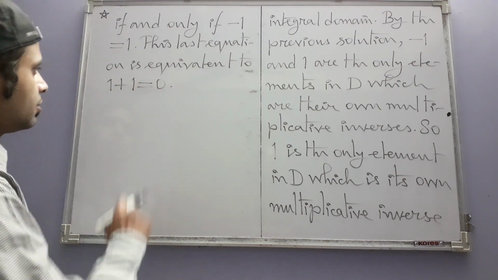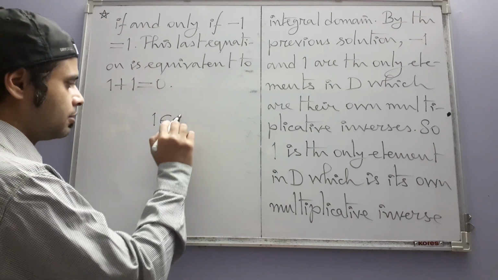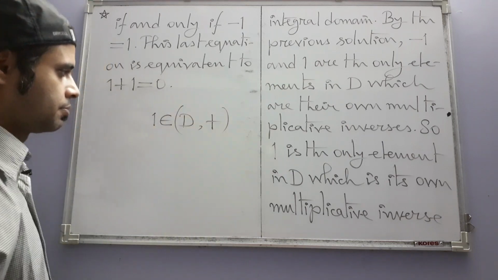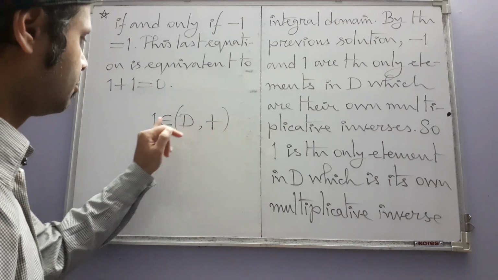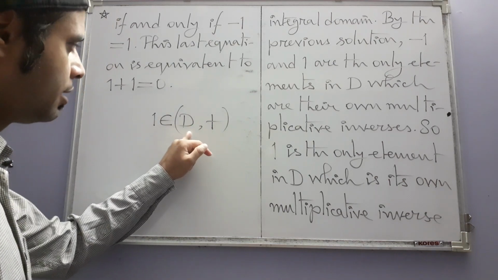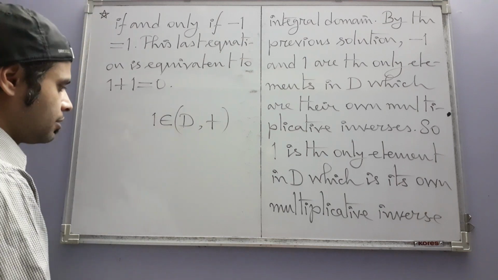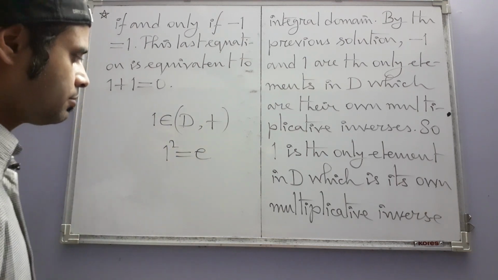If you are thinking of 1, the unit element, as an element in the group that the integral domain is under addition, then this equation tells us that 1 square is equal to identity.